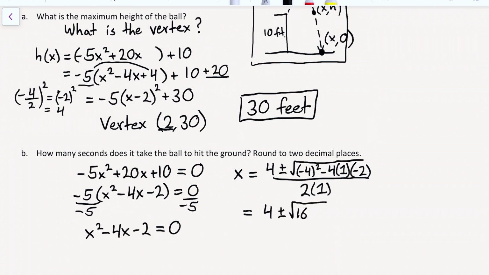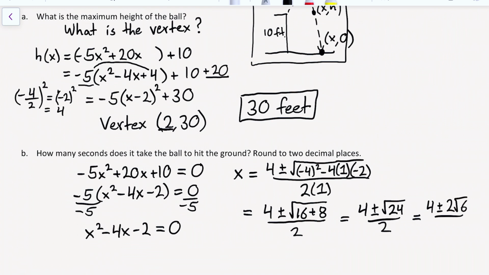So this is equal to 4 plus or minus the square root of 16 plus 8 over 2, which equals 4 plus or minus the square root of 24 over 2. We could also simplify this. This is equivalent to 4 plus or minus 2 radical 6 over 2. And one final simplification, this is 2 plus or minus radical 6.